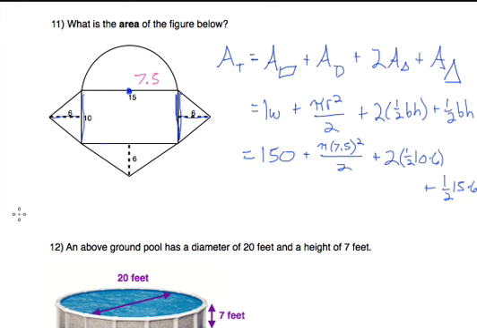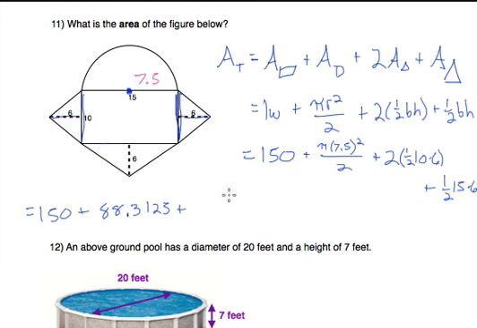And now we can figure out what each part is. 150 plus, and then you can use your calculator, 7.5 squared times pi divided by 2 gives you 88.3125.